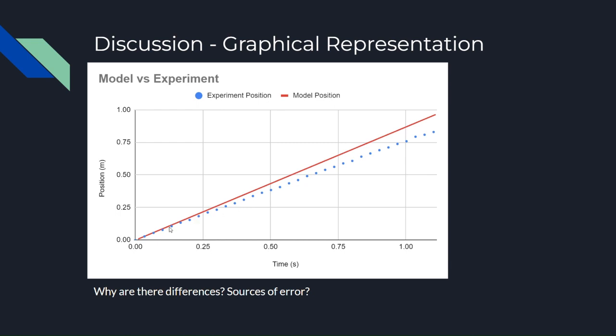You can see that the position in the computationally generated model exceeds the position of the experimental model as time progresses. And that is because the computational model neglects air resistance or drag forces that the physical model experiences and is impacted by. Those forces contribute to a non-constant velocity system, and we see that velocity decrease, which is reflected by a position that does not increase as fast as the computationally modeled position.